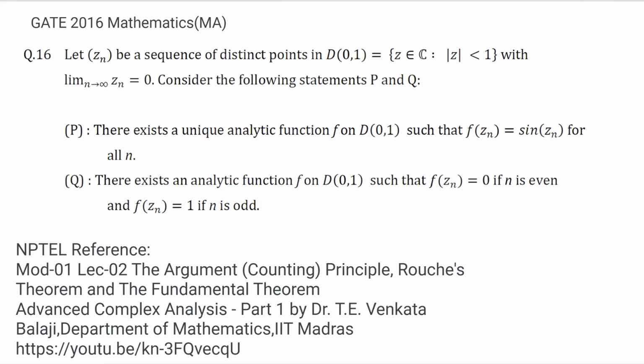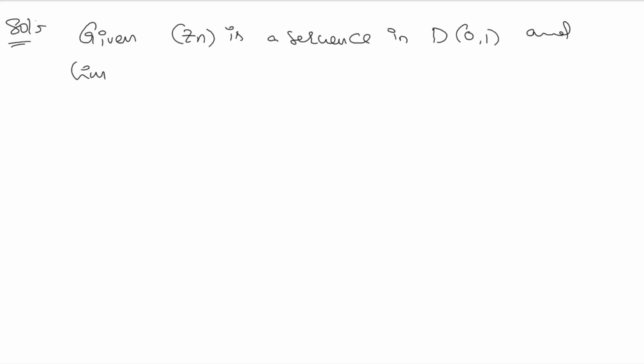It is given that Zn is a sequence in D(0,1) and the limit as n tends to infinity of Zn equals 0.